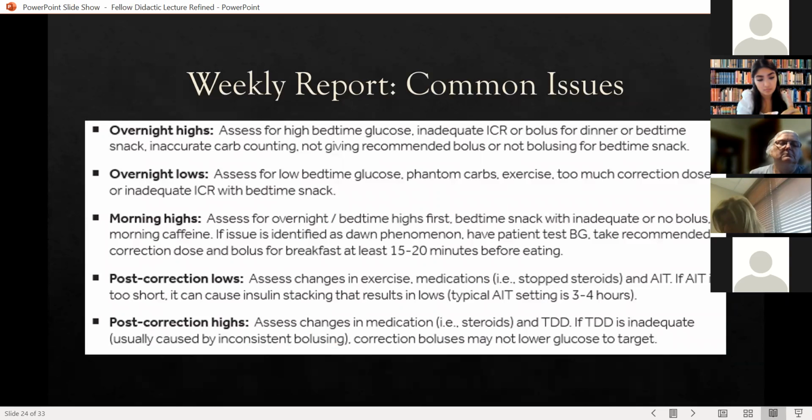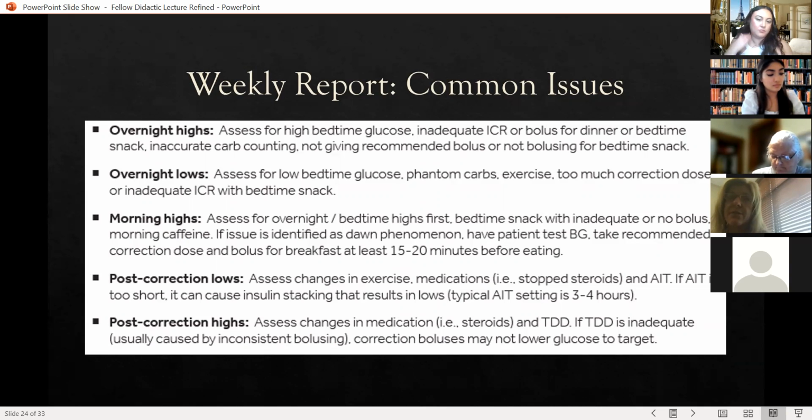Pumps can also cause fatigue from too many alarms beeping and buzzing at them. When they are in auto mode or use Control IQ on the Tandem, you tend to see their overnight sugars improve immensely. There are very few alarms. The microbolusing works and it keeps them in control.